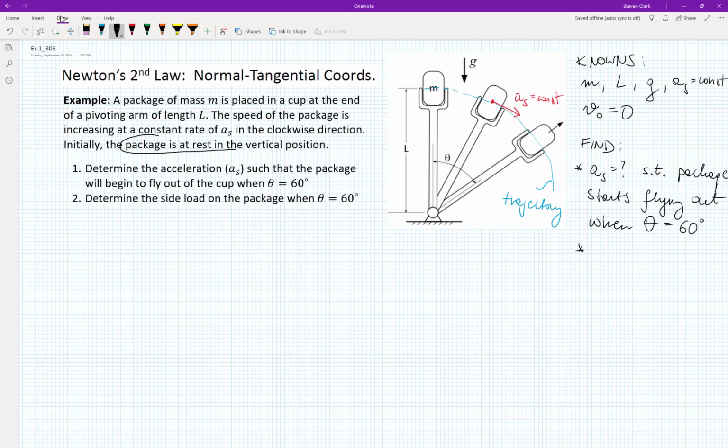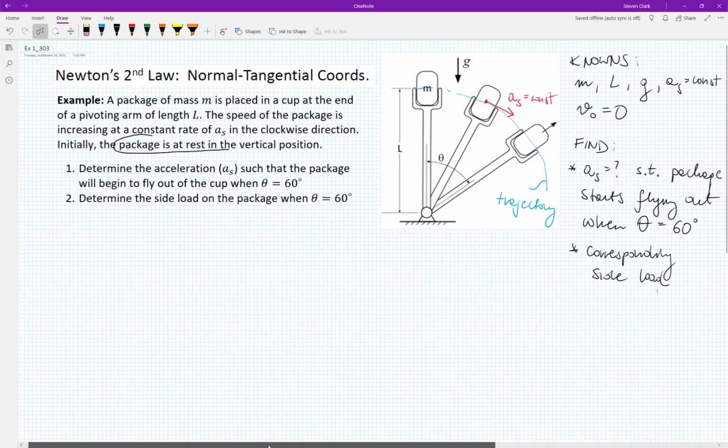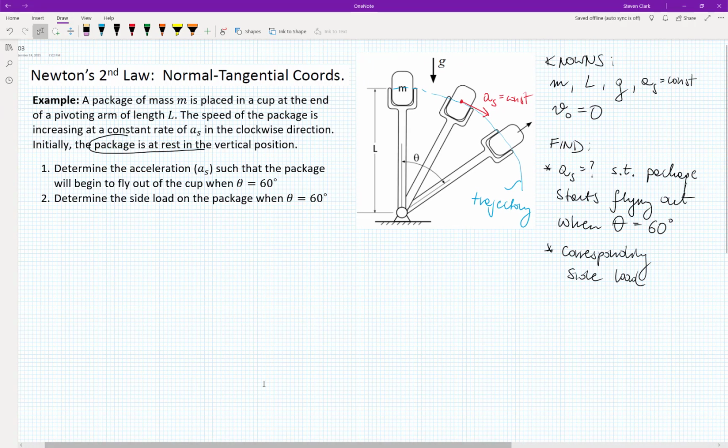And then in part B, they will ask us to find the corresponding side load. I will define what side load is in a second. Okay, any questions about the problem statement? I don't see any hands in the air, so let's start our solution.